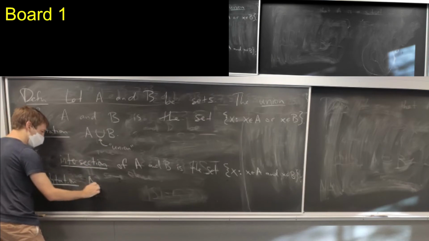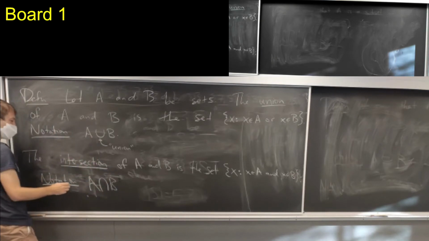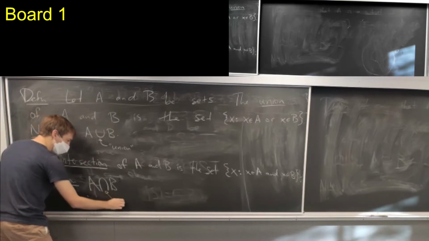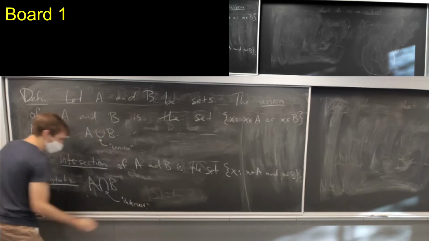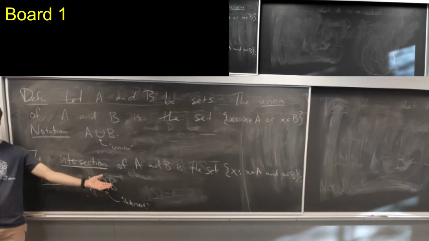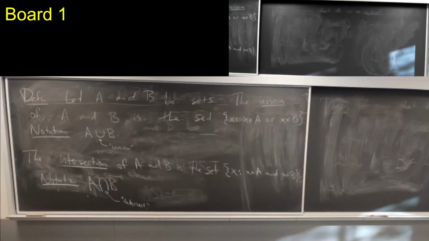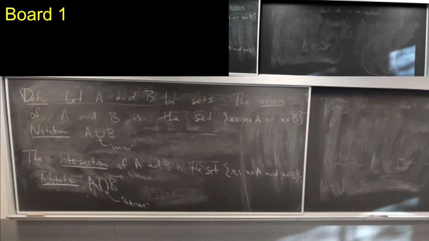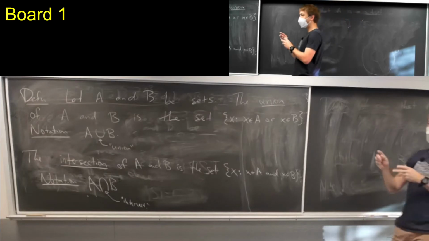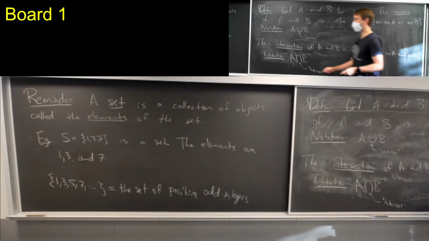So it's A with an upside down union sign, B, and you can read this as A intersect B. The set A intersect B is the things that are in A and B simultaneously. By the way, all of this might sound new, but later in this lecture we're going to realize that you've actually seen all this notation before when we were doing statements, even if you don't realize it.